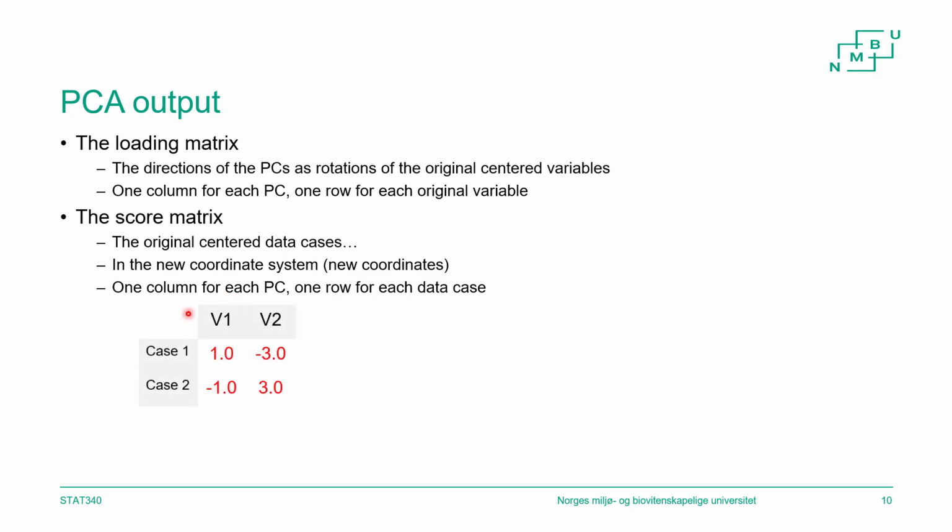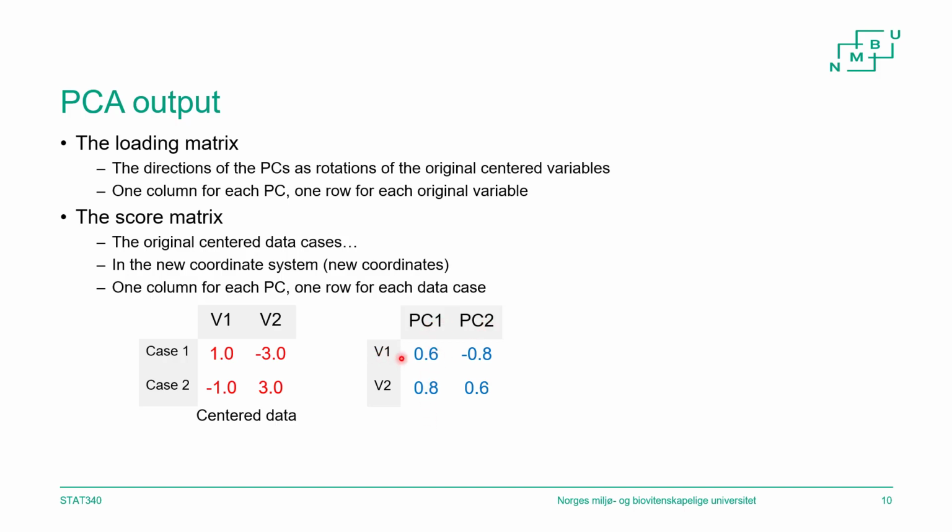So let's have a look at how this relates to each other. Here we have a super small data set with two variables and two data cases. And we have centered data, as you can see, because the average in both columns is 0. And then you have the loadings here, right? The loadings for PC1 and PC2.